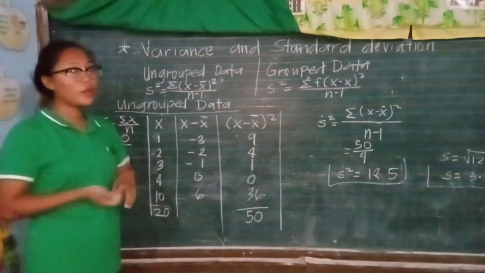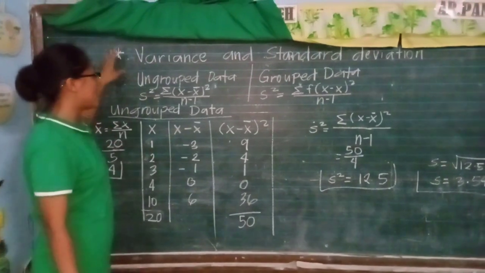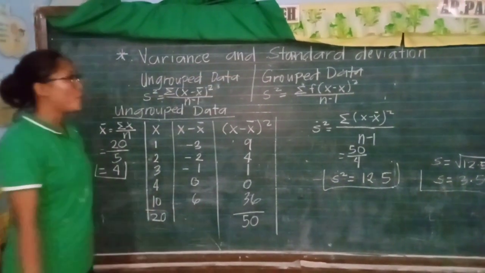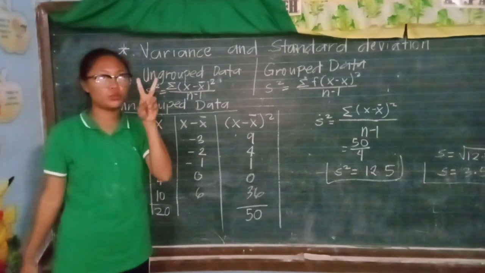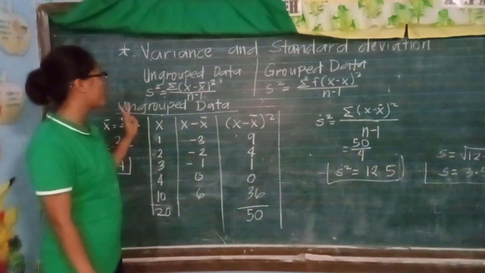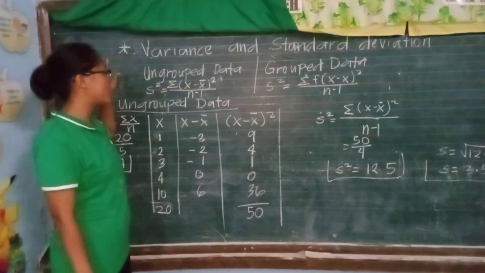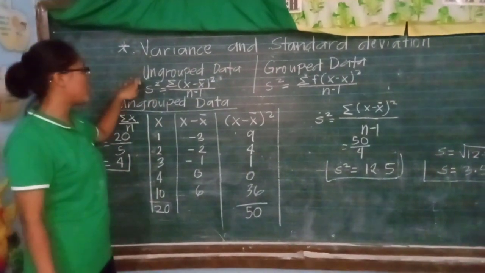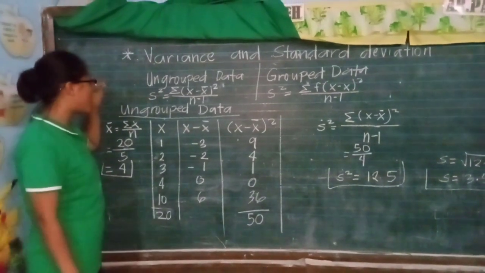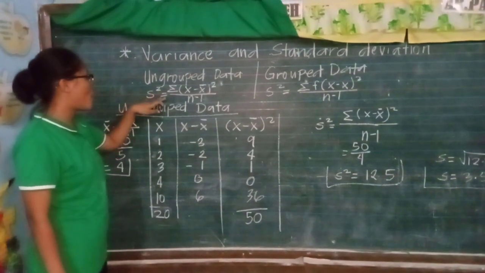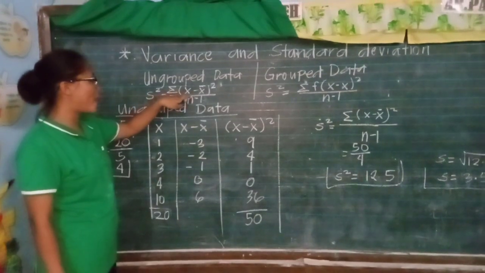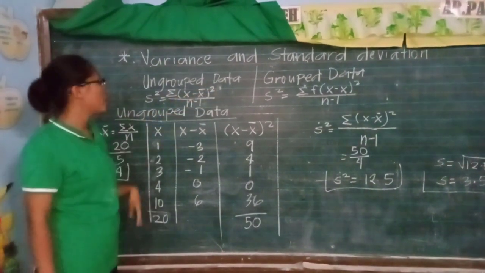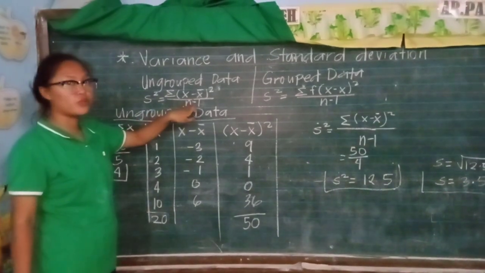And now we will proceed to our last topic, and that is the variance and standard deviation. We have our two formulas, again, for ungrouped data and grouped data. For ungrouped data, the formula is S squared is equal to summation of quantity of x minus mean raised to the power of 2 over n minus 1.